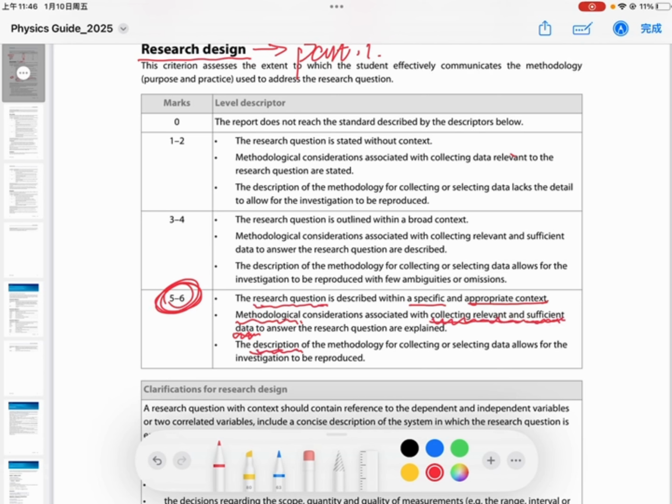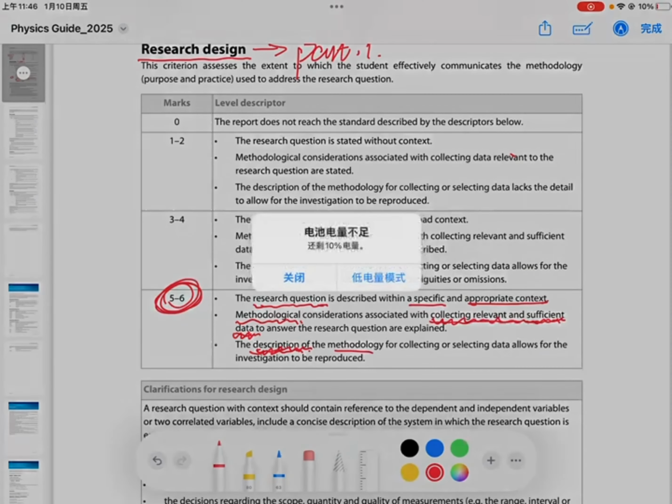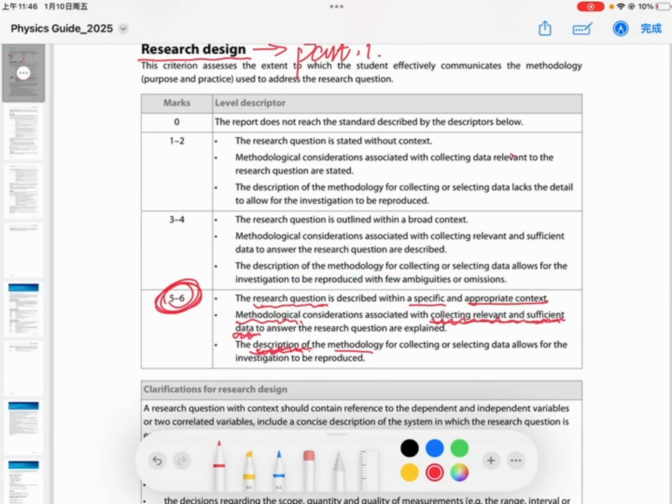So the description of your methodology should be very clear and focused. Let's see the criteria here. Description of the methodology for collecting or selecting data allows for the investigation to be reproduced. Okay, that means if someone sees your report, he is able to reproduce your experiment from your descriptions.